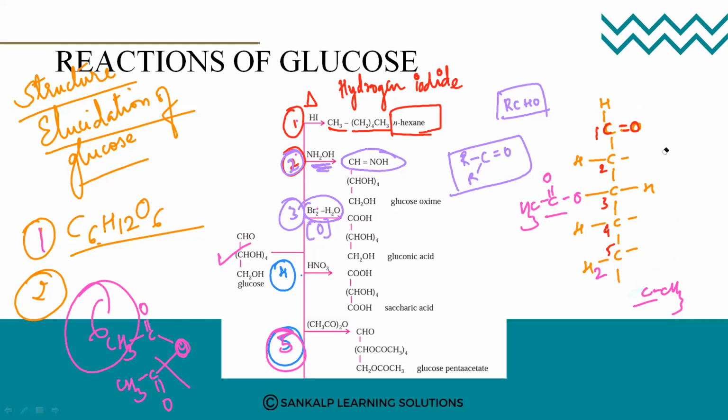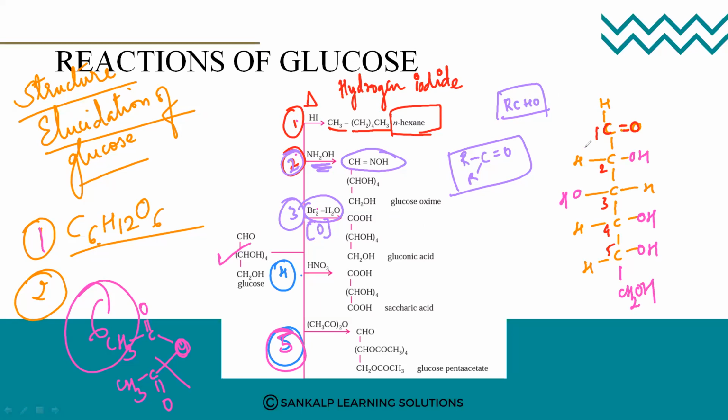The structure of glucose from the above facts is this: OH, OH, OH, OH, and CH2OH. So this is the open chain structure of glucose.